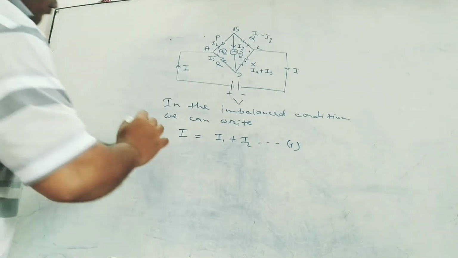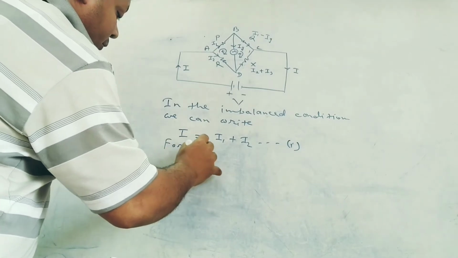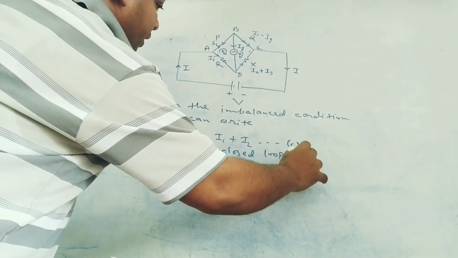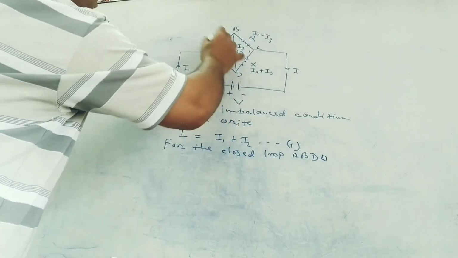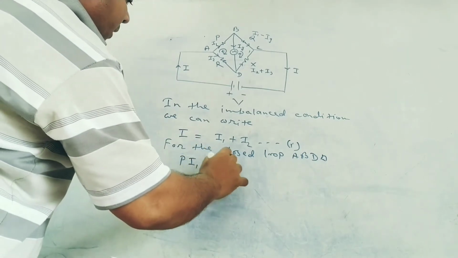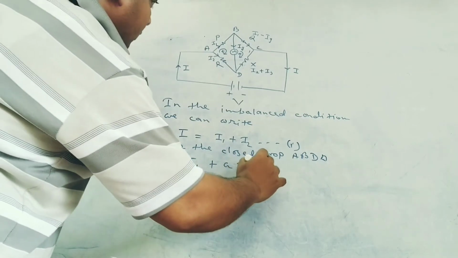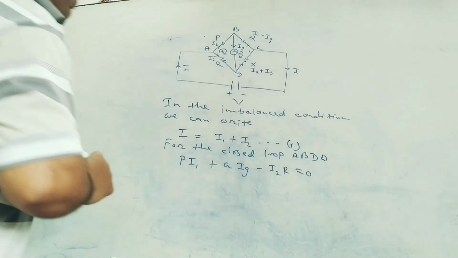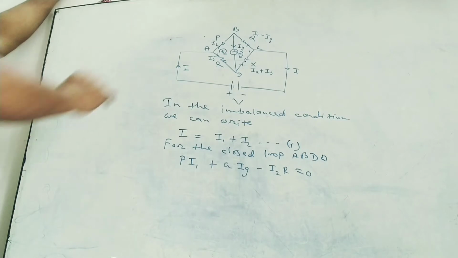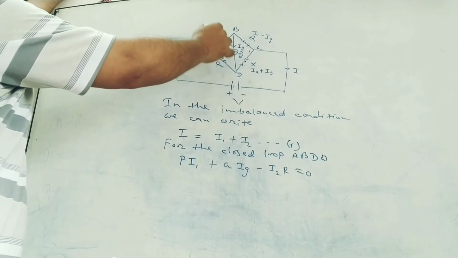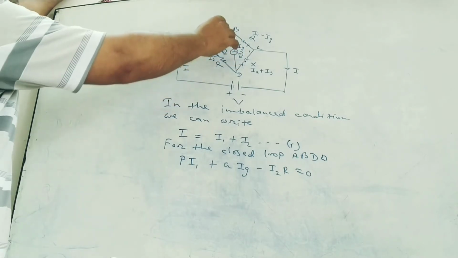Therefore, for the closed loop ABDA, we have P into I1 positive plus G into Ig positive minus I2 into R is equal to 0. I1 and Ig flow in the same sense, that is the clockwise direction, and I2 flows in the anti-clockwise direction in the circuit ABD.